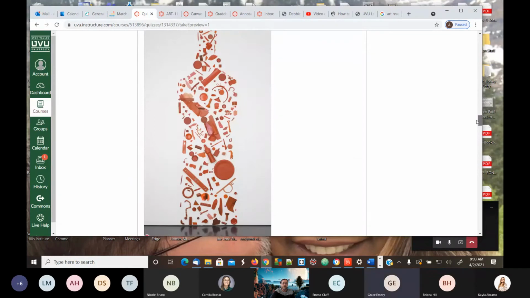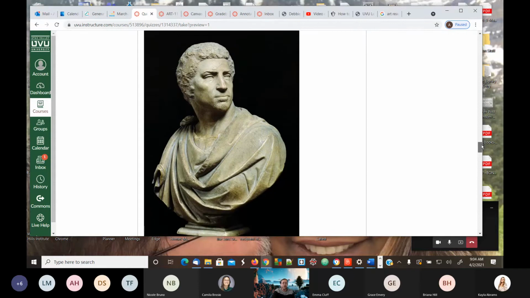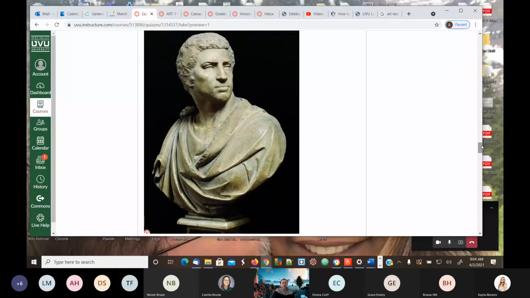Yep. Excellent. Now, question number 6. There are 4 images that will have either applied or natural color. And there is a tricky one. But since you're in this class today, you'll handle the trick. Now, is this the natural color of the stone or is it applied? It looks like a patina.